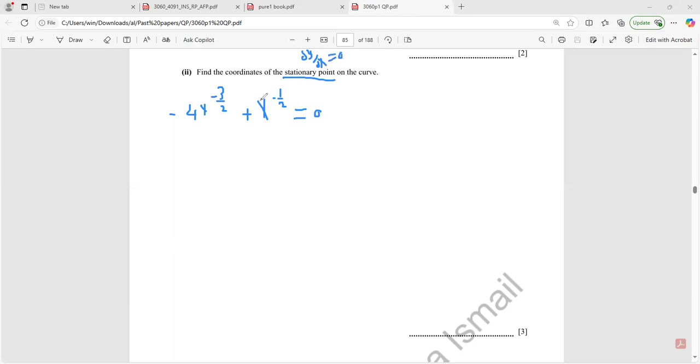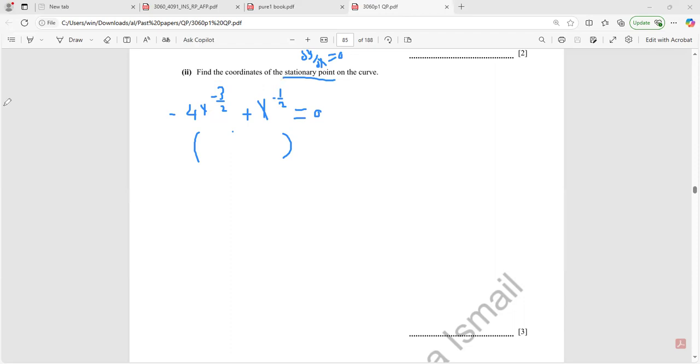So here we are going to factorize. What is the smallest power here? Is it negative 3 over 2, which is negative 1.5, or negative half?